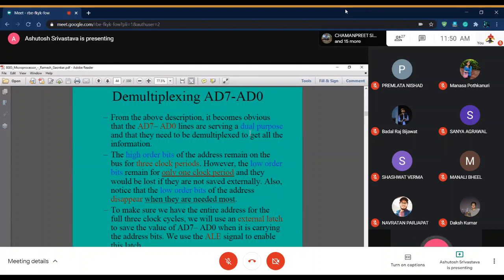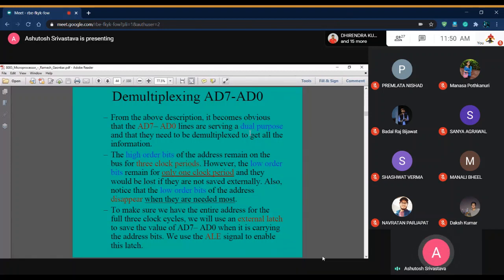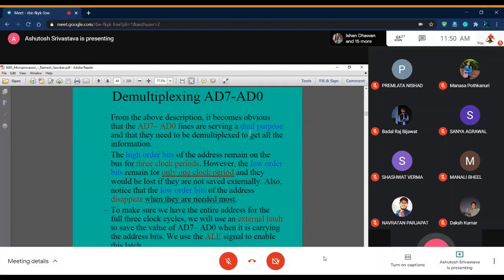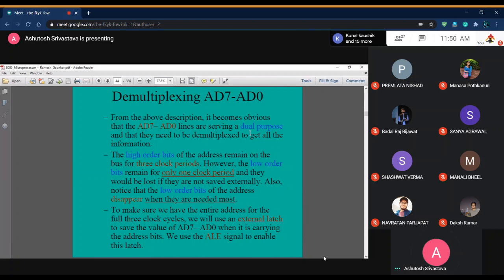For retrieving the data, you need the whole 16-bit address. The lower order 8-bit address plus your higher order 8-bit address would make the full 16-bit address. Only once you know the complete 16-bit address can you retrieve the data.